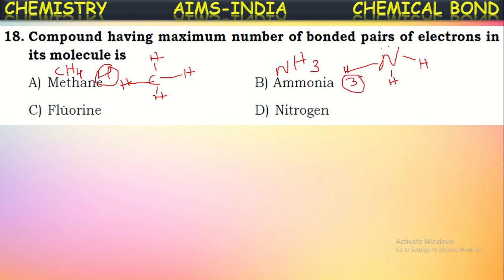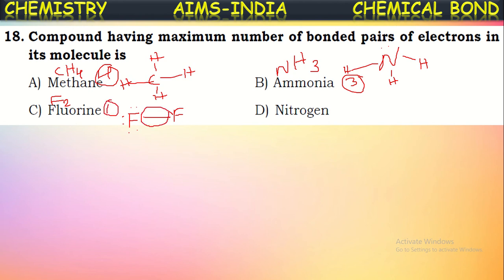If you see the fluorine molecule, its molecular formula is F2. If you write it with Lewis dot structures, we know each fluorine will have 7 valence electrons. It is bonded with the other fluorine atom with one covalent bond. Now the number of bond pairs is only 1.